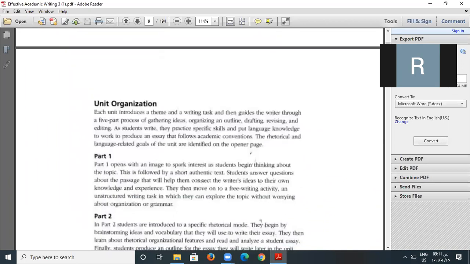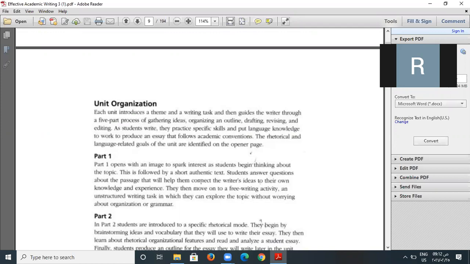Now we'll be talking about unit organization. Each unit has a theme and a writing task. Then this unit guides the student through a 5-part process: gathering ideas, organizing an outline, drafting, revising, and editing.